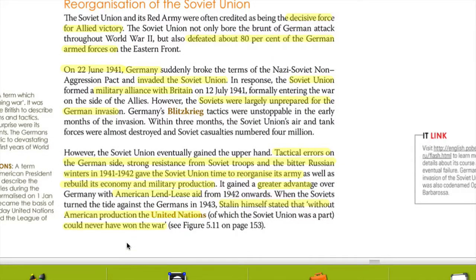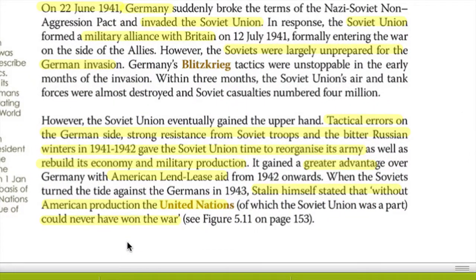Now, the Soviet Union eventually gained the upper hand, learning from its mistakes, because there were errors made by the Germans, with strong resistance from Soviet troops and weather. Yes, the weather was one of the reasons for Hitler's downfall, because the bitter Russian winters actually gave the Soviet Union a lot of time to reorganize its army, to rebuild its economy and military production.